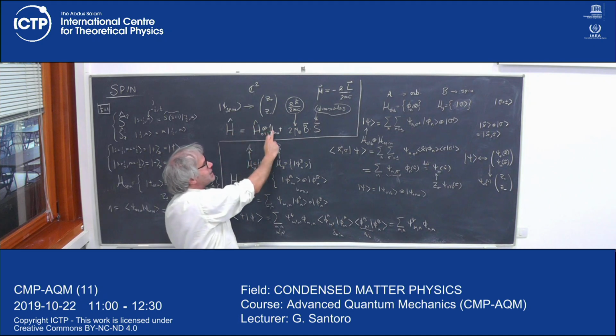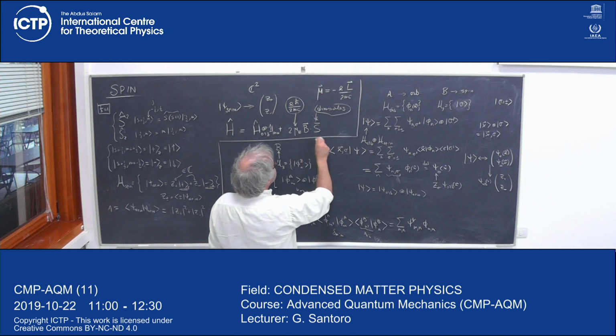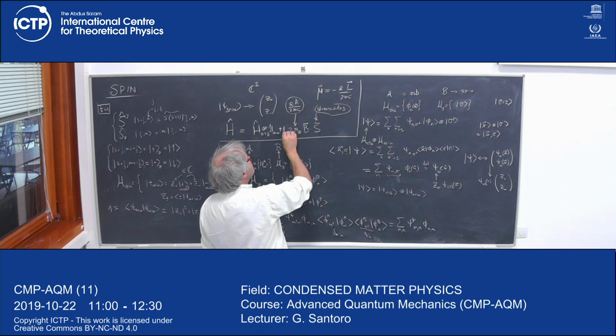only and does nothing on the spin part. And vice versa, you see that this works on the spin part only, and obviously it multiplies the identity in the orbital space.